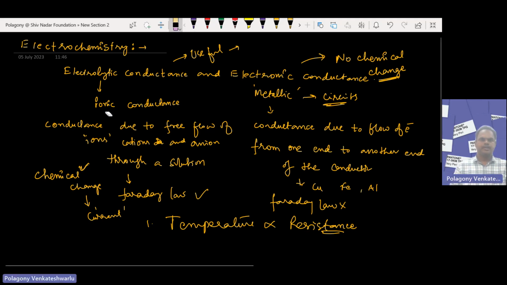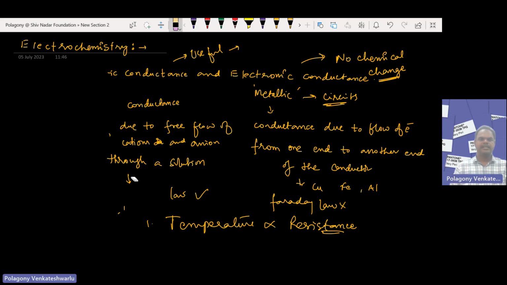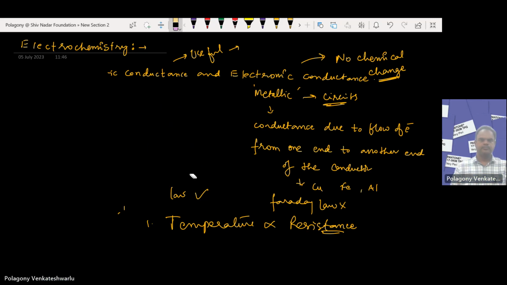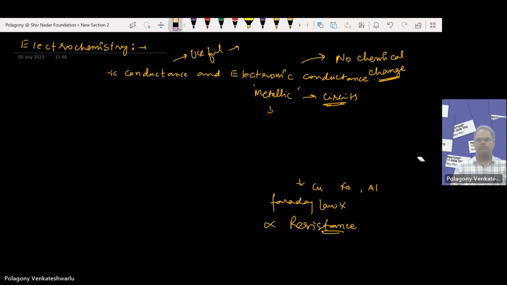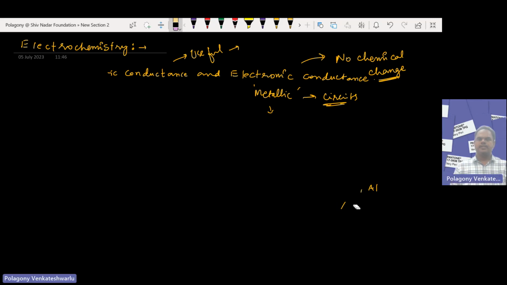Now, coming to the discussion of conductance: what is conductance, and how do we define it?